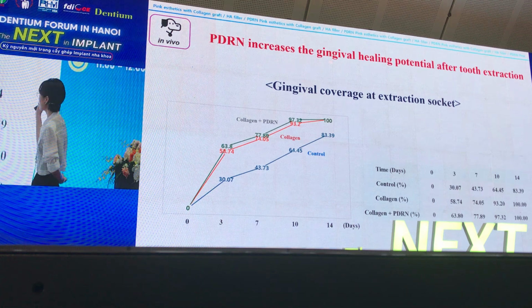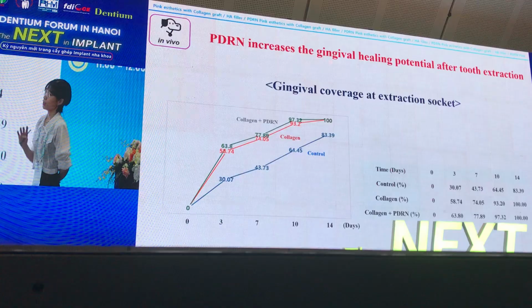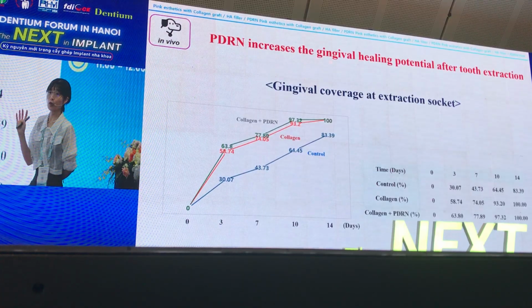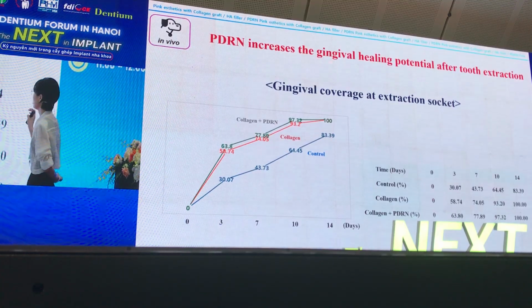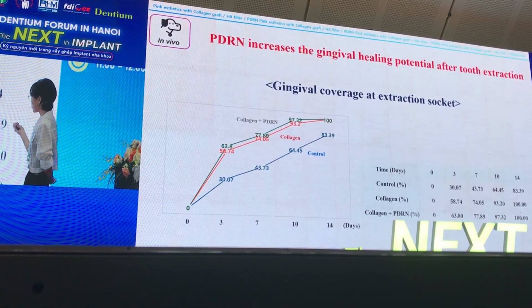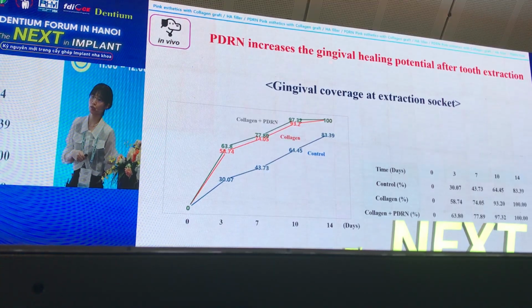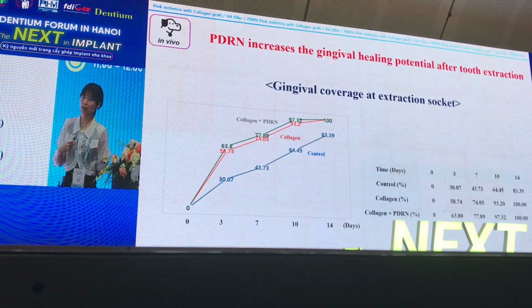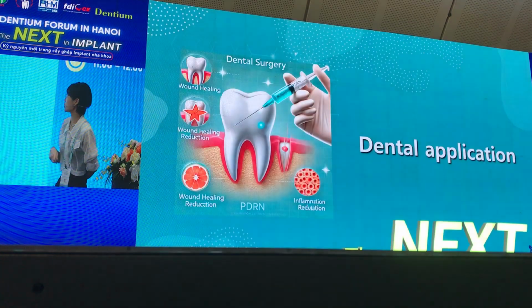You can see that when we use the collagen graft, it can increase the healing potential. And when we use the collagen graft soaked with PDRN, we can see a further increase in the healing potential. So I could conclude that PDRN can increase the healing potential after extractions.